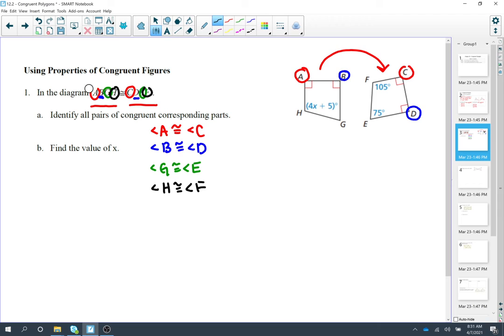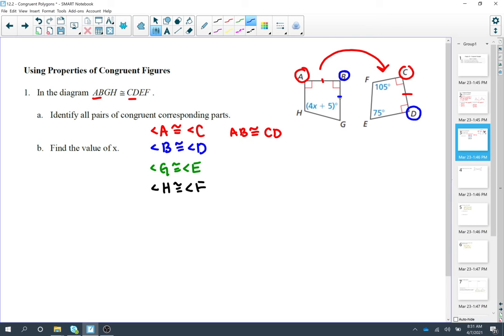Now we have to look at the sides. We can do the same thing. If I rotate this and look from A to B, I know that AB is going to be congruent to CD. The other way to tell is by looking at AB and CD. They're both the first two letters. So when we name congruent figures, the order in which you put the letters is very, very important.